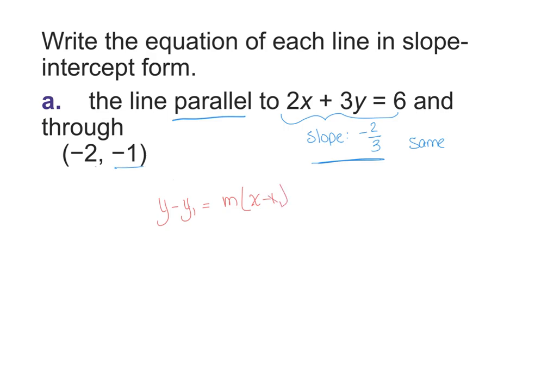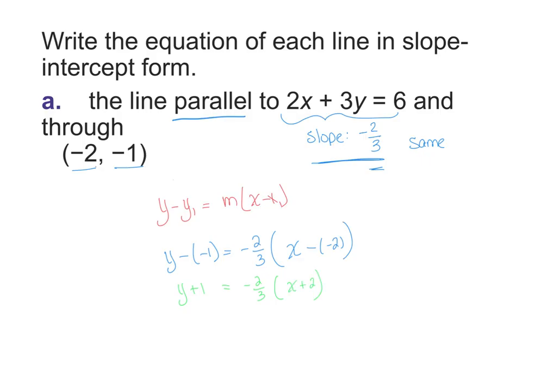We have our y value, y minus y1. We have our slope, -2/3. And we have x minus our x1 value. Simplify it, minus a negative. Same thing over here, minus a negative.